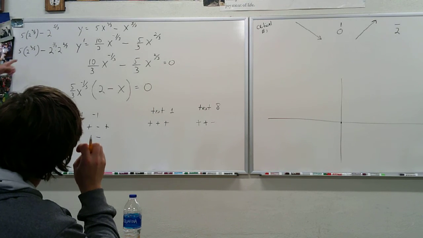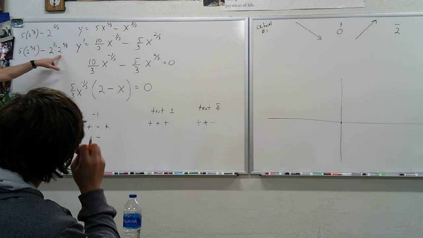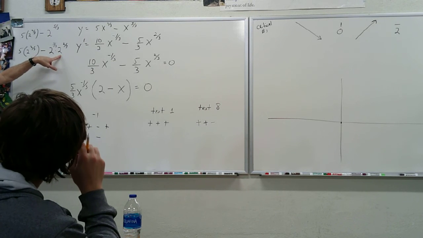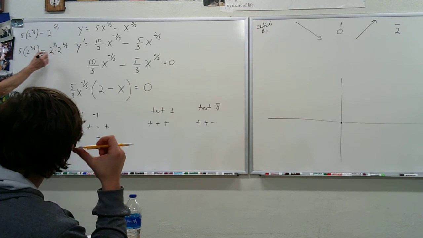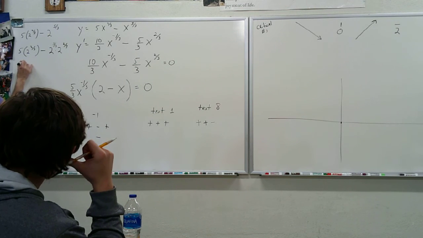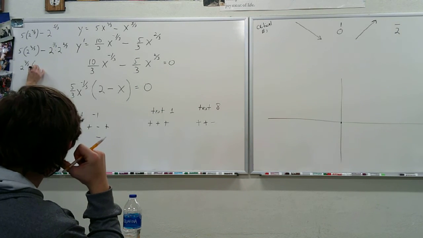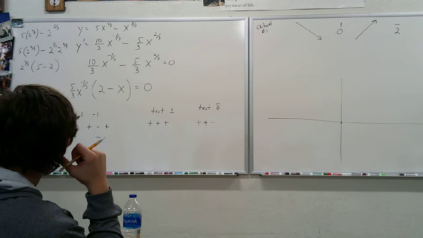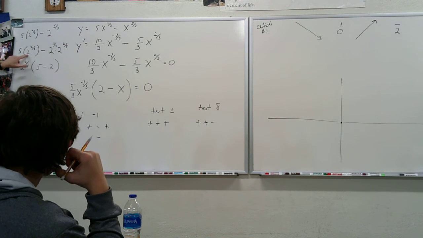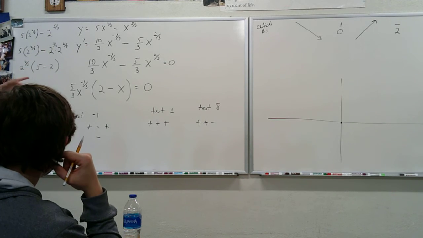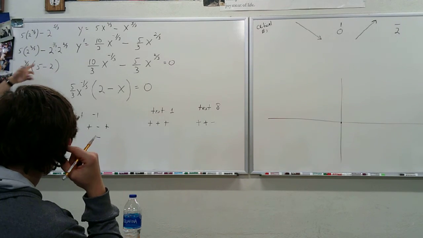Why would I do that? That way I got 2 to the 2/3 here and I got what? 2 to the 2/3 there. Make it pretty. Can you factor that out? Oh yeah, so I've got 2 to the 2/3 times 5 minus 2. See, because I got 5 of them here and I got minus 2 of them there, so I got really how many of them? 3. You didn't even need that step.